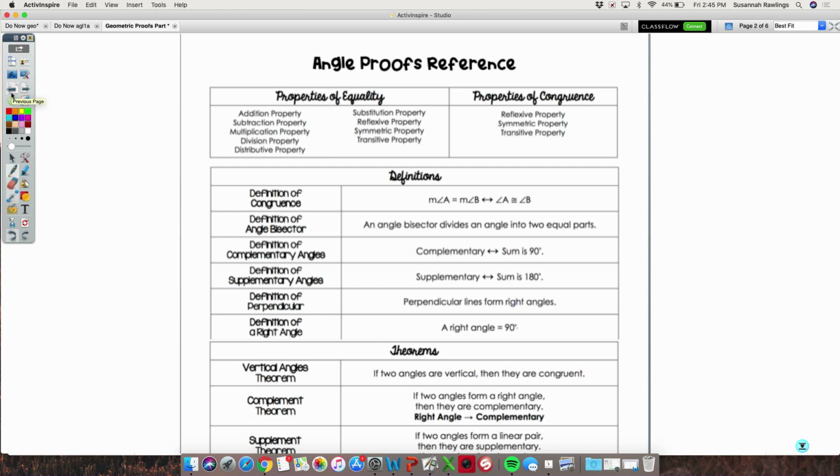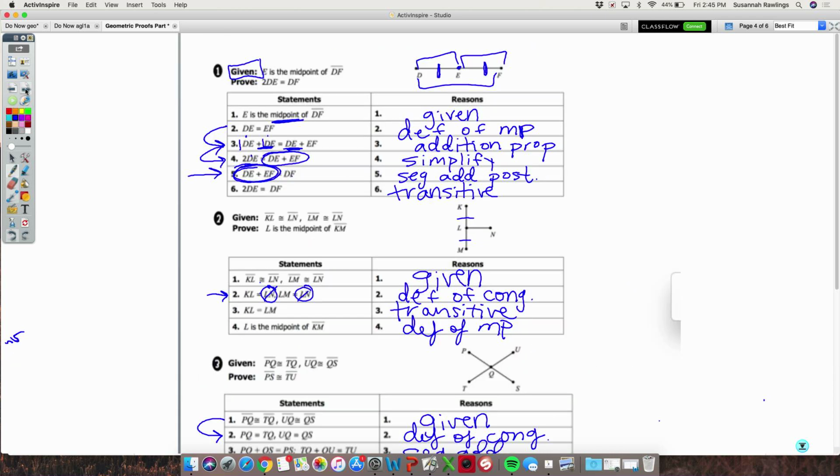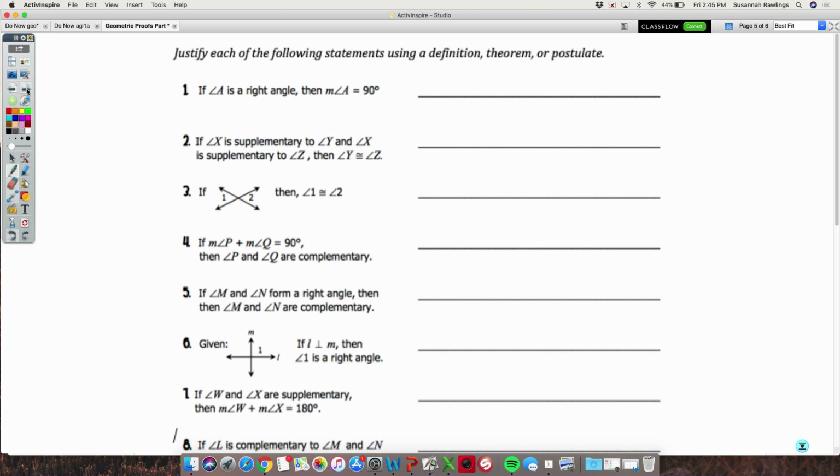But we're going to use our reference sheet to fill in this side. So we're on to the angle. So make sure you're on the angle side of your reference sheet. So I'm going to pause here and give you guys 10 minutes to work through and do as many as you can on this side before we go over them.